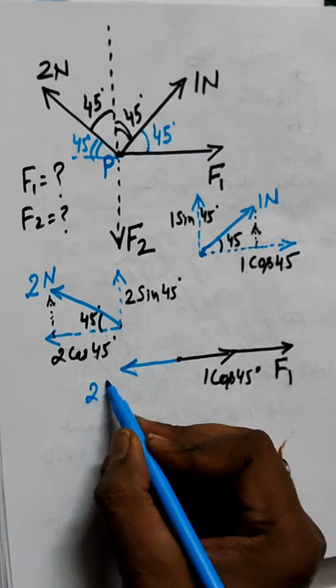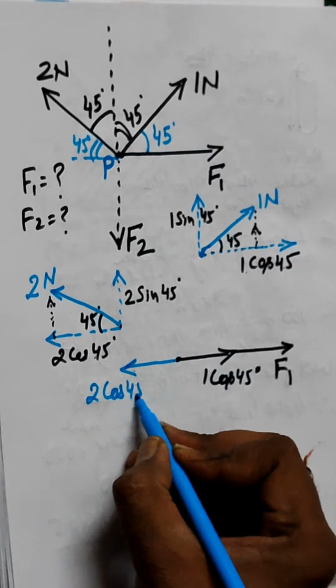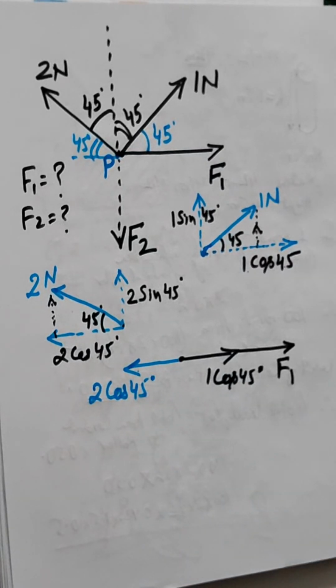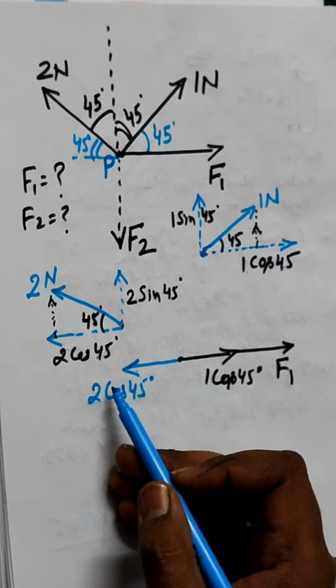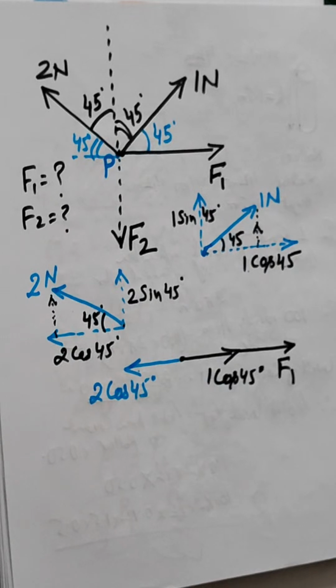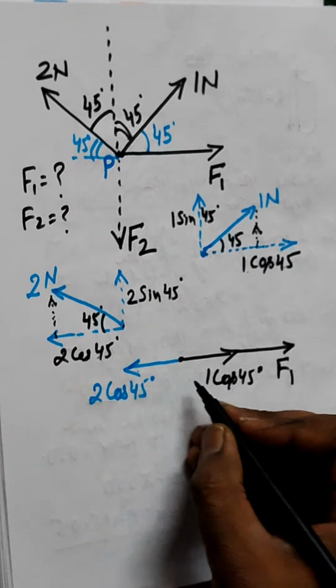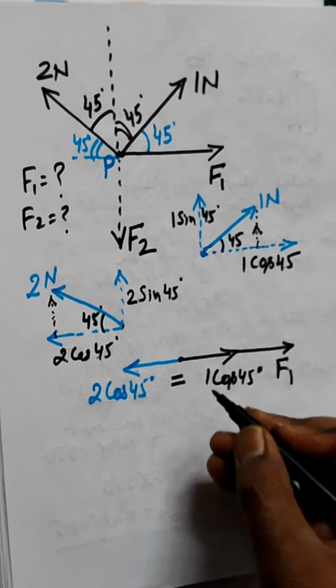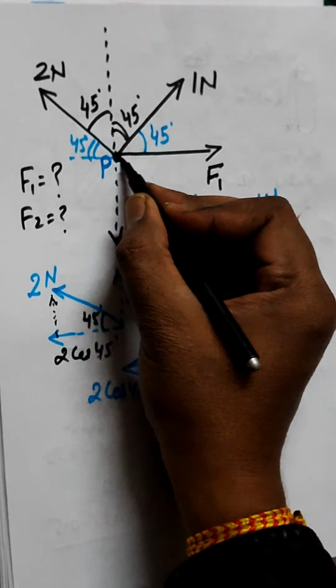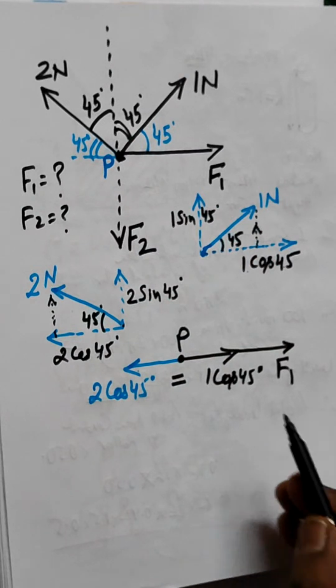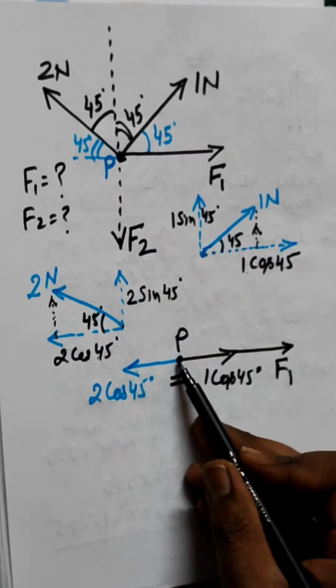So that is equal to 2 cos 45. Any other horizontal force which is acting towards the left. So both of these forces will be in equilibrium. If here we have P, this is P, right? We have broken the figure actually.